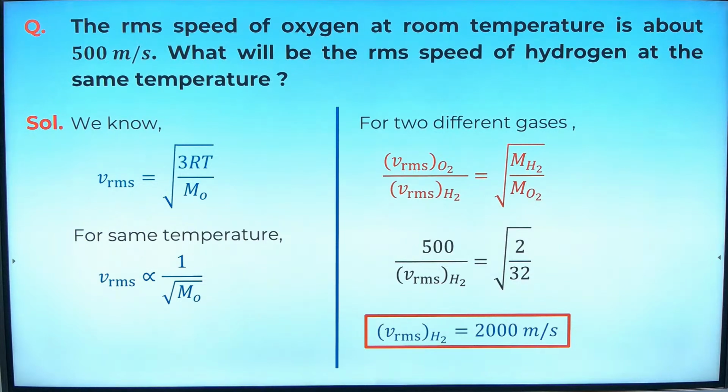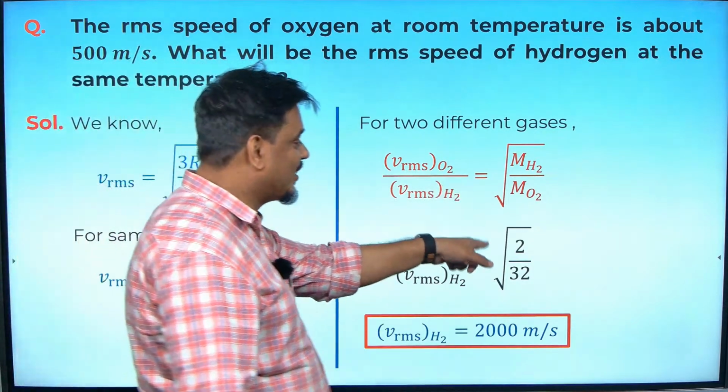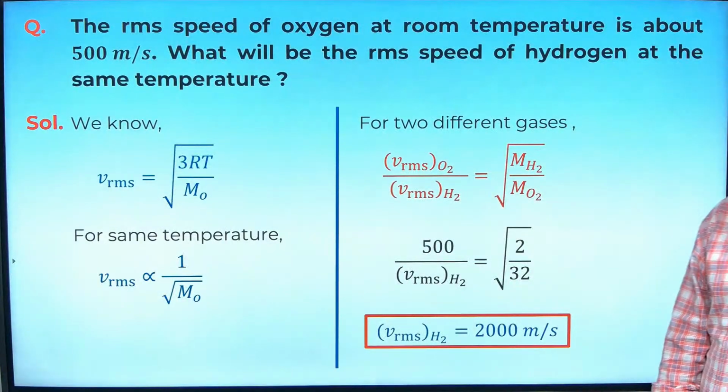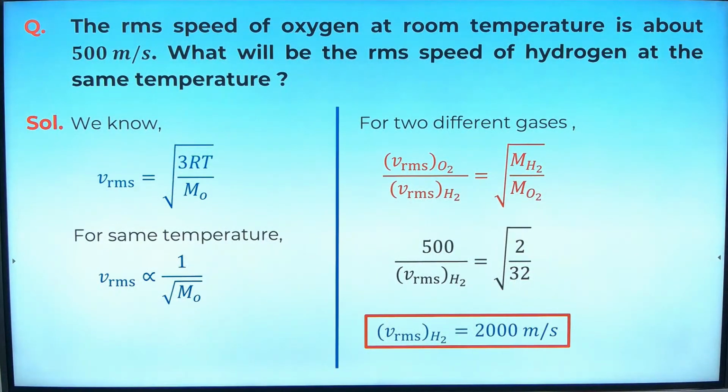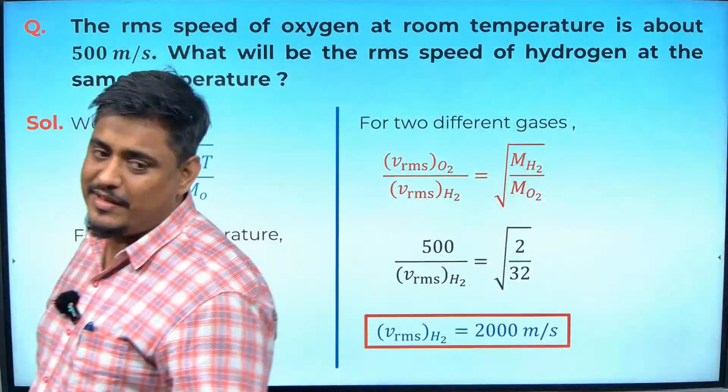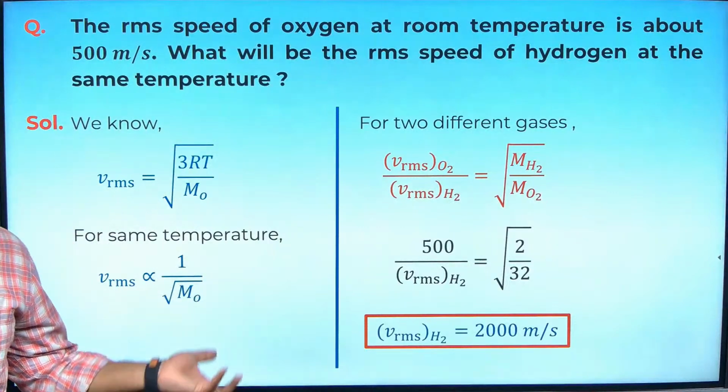In this case, it worked for you anyway because they are both diatomic. I know you would not have taken this 2 and 32, but the concept cannot be changed. If it is triatomic, it will be something else. So you should be very careful whether the gas is diatomic, monatomic, or another type.